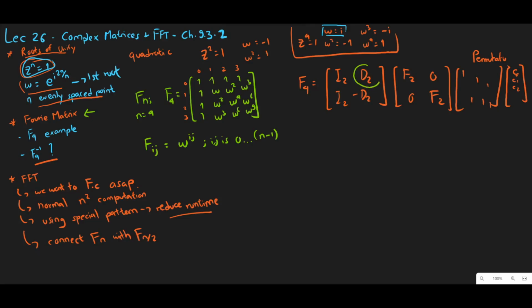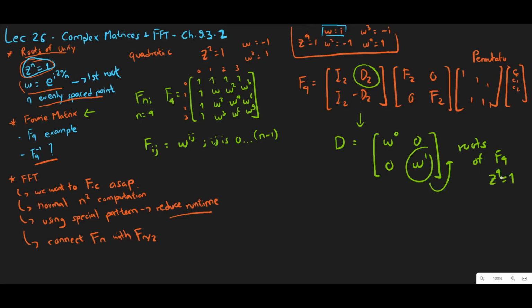This is the diagonal matrix, right? But the diagonal here, this is D, consists of the roots of F4.